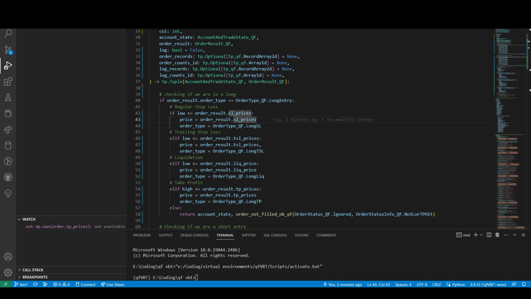Oh man. Because then what if you have three stop losses? If you have three stop losses and two take profits, or four stop losses and one take profit, or four stop losses and two take profits.